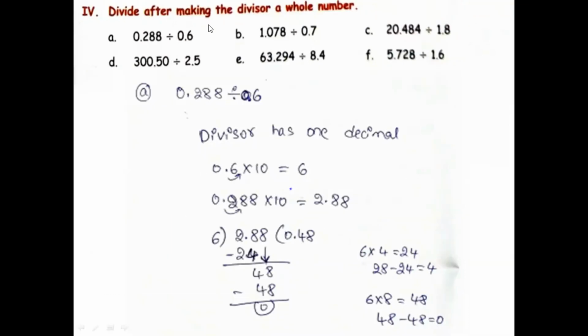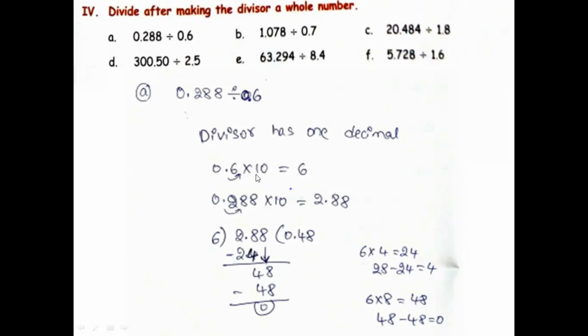Divide after making the divisor a whole number. Example: 0.288 divided by 0.6. 0.6 is the divisor. It has one decimal place.